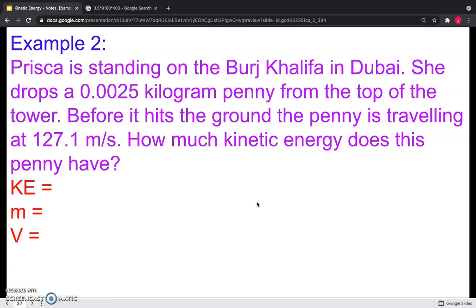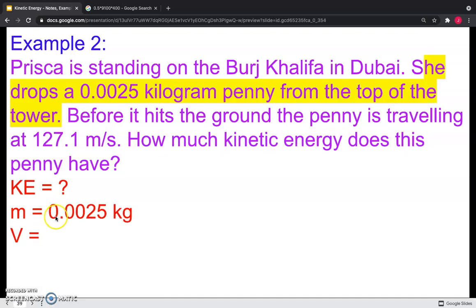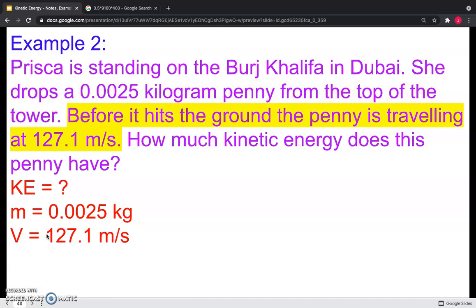How much kinetic energy does this penny have? Okay, so we're solving for KE again. We don't know what the kinetic energy is. We do know the mass of the penny, that's 0.0025 kilograms. And we also know the velocity of the penny, that's 127.1 meters per second.